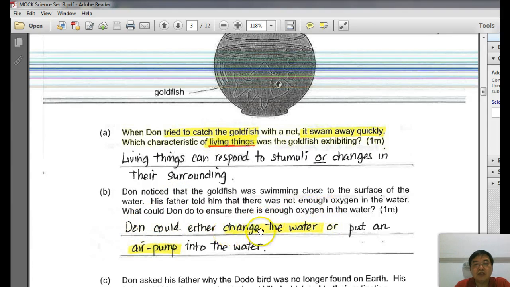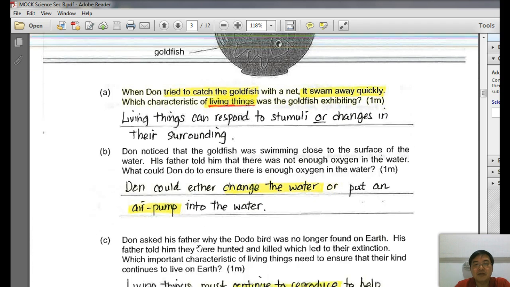Now Don could either change the water or put on an air pump, by pumping air into the water. At the same time, more air from the surface or from outside will be sucked and pumped into the water, and more air or oxygen should dissolve into the water, right?